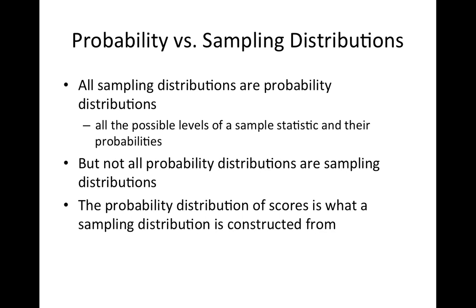A sampling distribution is the probability or the possibility of a statistic. So it's all the possible levels of a sample statistic and their probabilities. And we're going to be interested in studying statistics. So we want to be able to make predictions about what we think a statistic is going to be, or where it's going to be, around what value it's going to have.